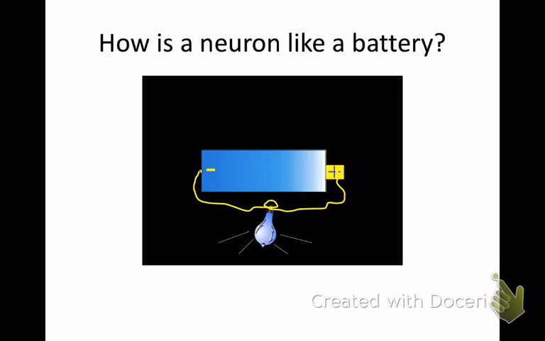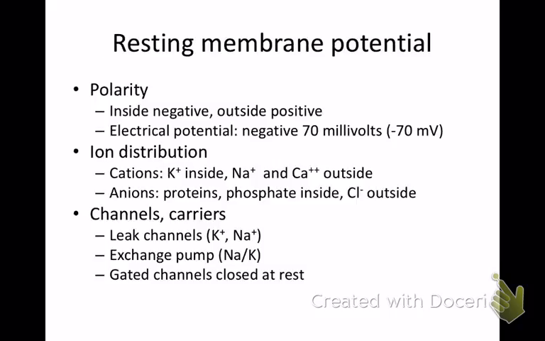So we have this resting membrane potential. We've got our setup. We know what it looks like. So we understand the role of leak channels, exchange pump, and gated channels. And at rest, of course, the gates are closed. The switch is closed. If I want it to do some work, then I open the gates, and that opens the switch.